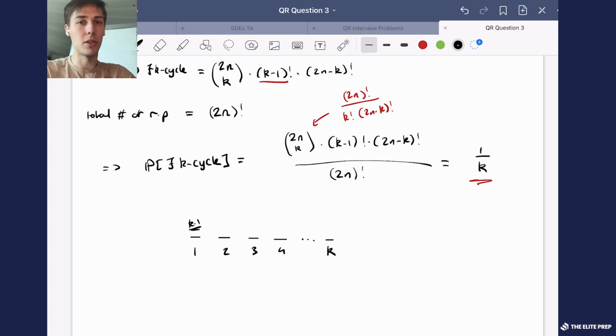Then the second element will have k minus 2 choices because it cannot be itself, and it also cannot be the previous element because we're not yet the right length of cycle.